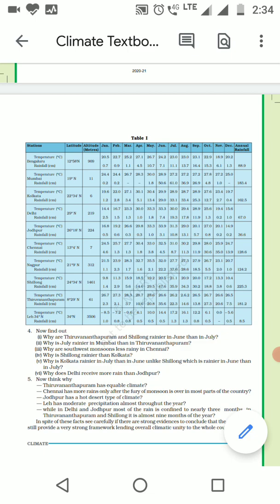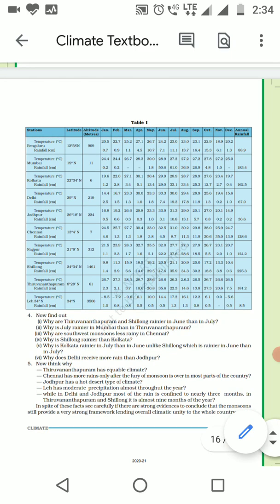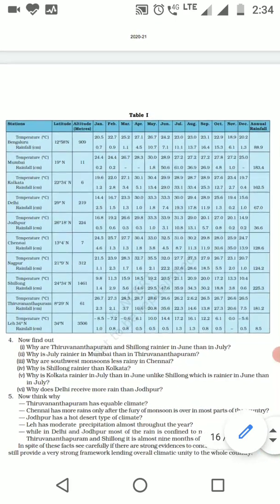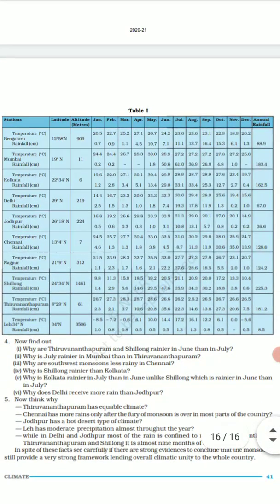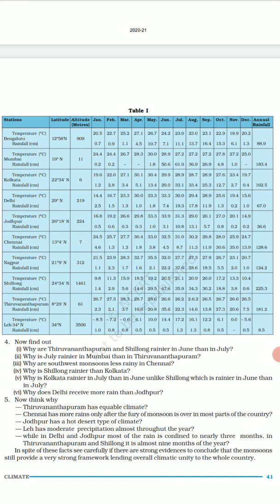27.1 minus 20.2. Approximate how much will be the answer? 7.9 or somewhere above 6, right? So difference between the maximum and minimum, is it too high?